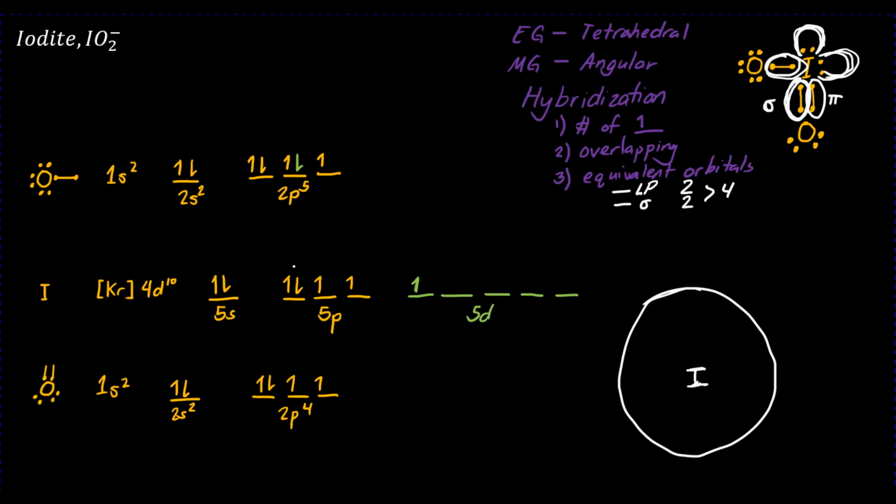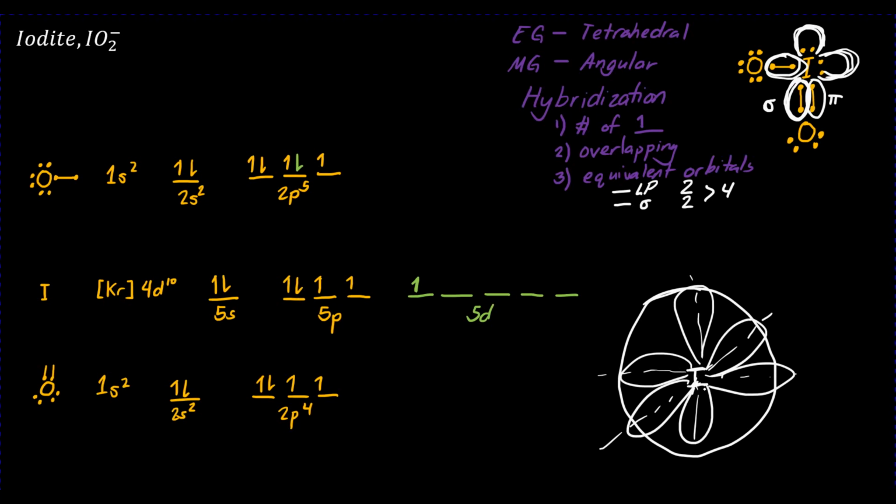And then if this is a p orbital, then it is dumbbell shaped. The s orbital actually doesn't make it favorable for iodine to assume a tetrahedral arrangement.